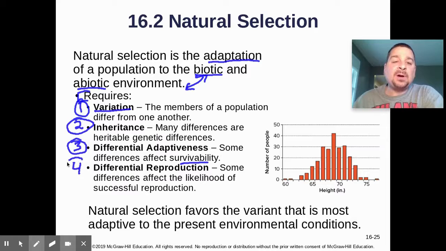And number four, that it affects their ability to reproduce and pass on those traits. Natural selection favors the variant that is most adaptive, or sometimes you'll hear most fit or has the highest fitness to the current environmental conditions that those organisms or that population reside in.